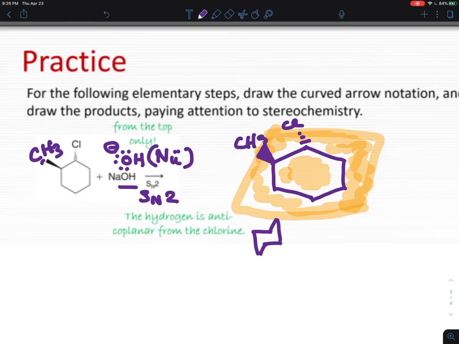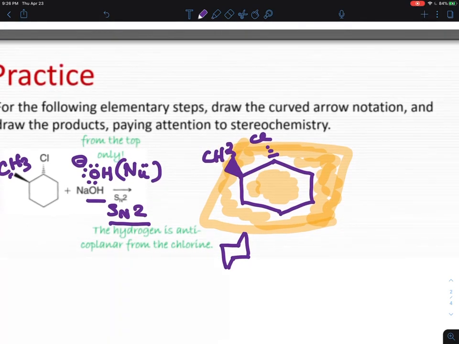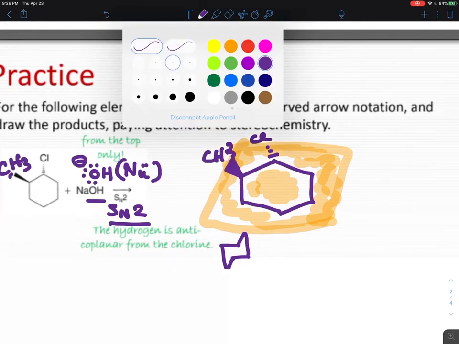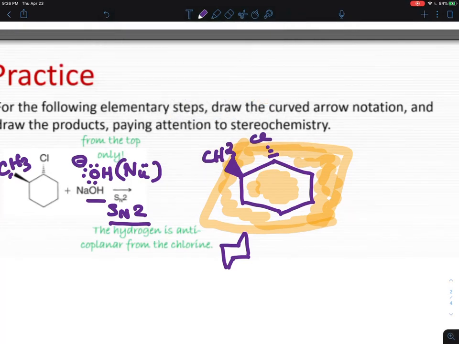Because we said that this is an SN2, we want to see where your nucleophile goes. I think my pen is a little too thick, but now you can see the nucleophile, which has a lone pair of electrons, in this case OH minus.